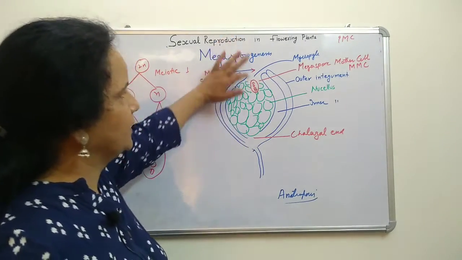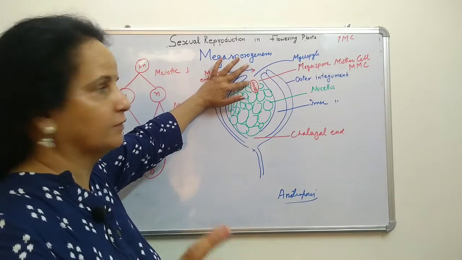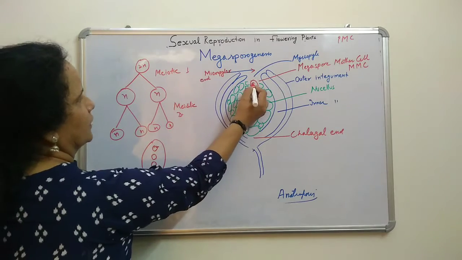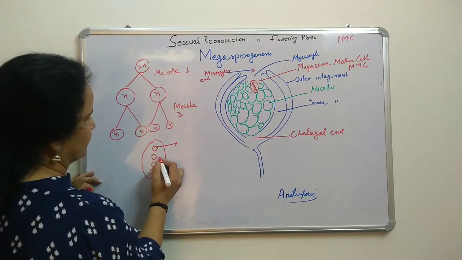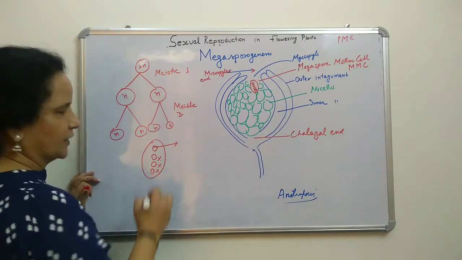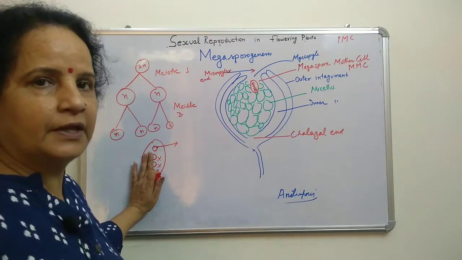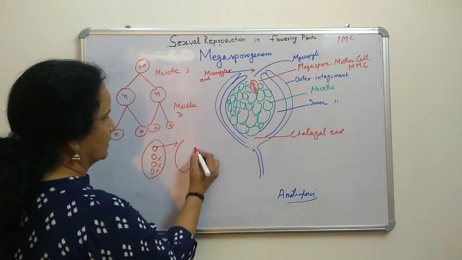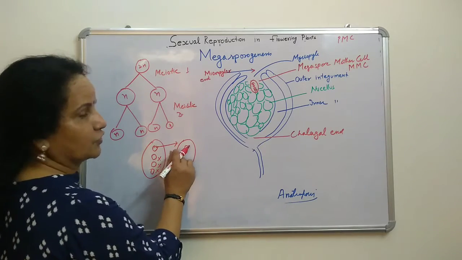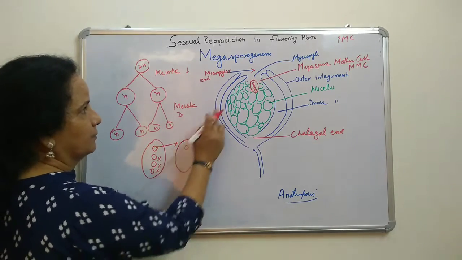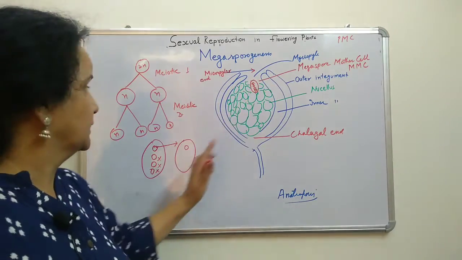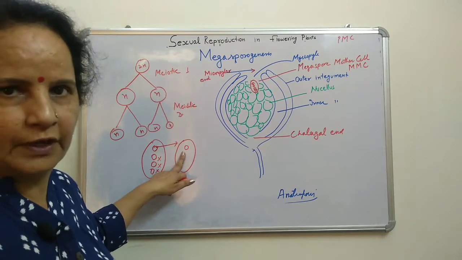Towards the micropyle, that nucleus will remain active, and the other 3 cells will degenerate. Only one will be functional, the one towards the micropyle. That is the functional megaspore.